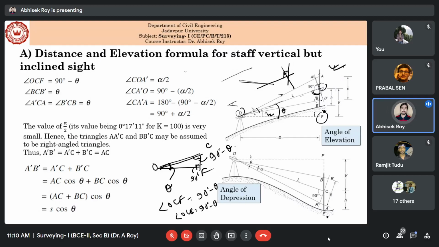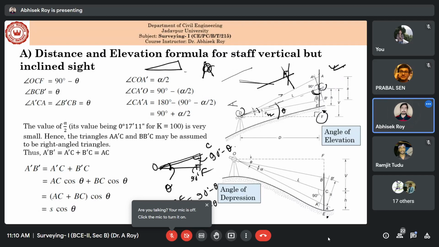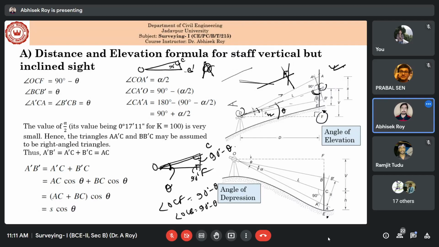Now if you take the larger triangle, where OCB dashed is there, then we know angle OCB dashed is 90 degree.